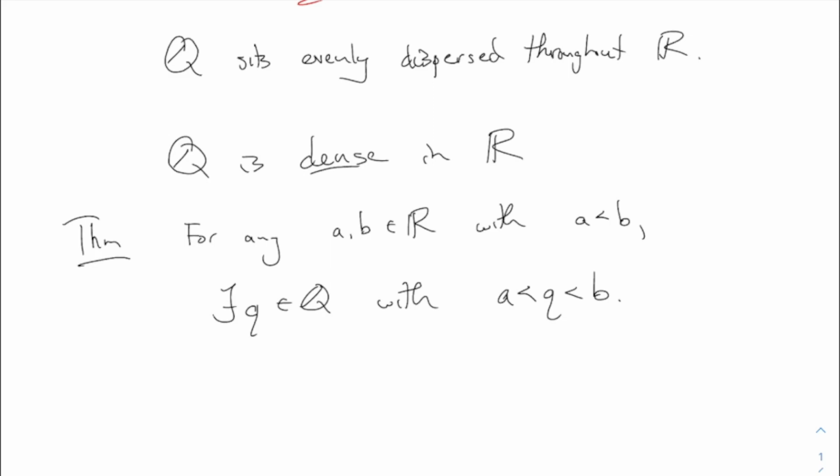This is the technical version of what we call dense. Q is dense in R. It means for any two real numbers, no matter how close they are together, there's always guaranteed to be a rational number in between them. All right? This is called the density property of the rationals.